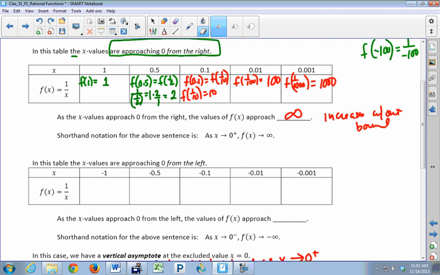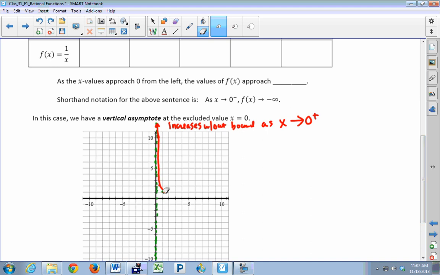So the shorthand for this is, as x approaches 0 from the right-hand side, the value of your function increases without bound or approaches infinity. Okay, so that's the behavior that is right here. It's going up towards infinity.